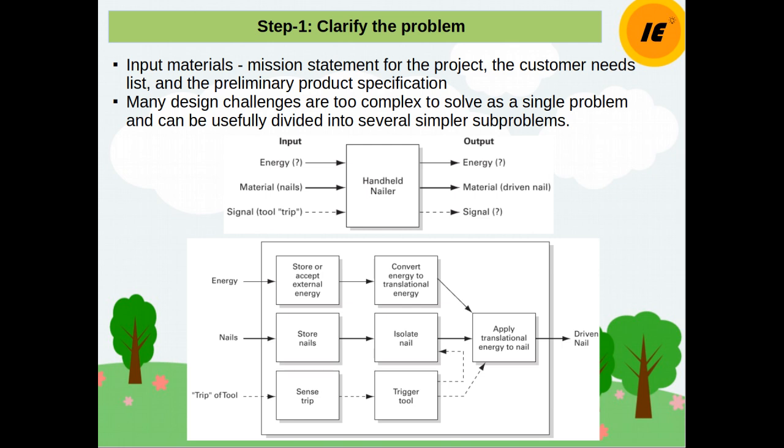So note that the function diagram is typically not unique. In particular, subfunctions can often be ordered in different ways to produce different function diagrams. Also note that in some applications the material, energy and signal flows are difficult to identify. In these cases, a simple list of the subfunctions of the product without connections between them is often sufficient.